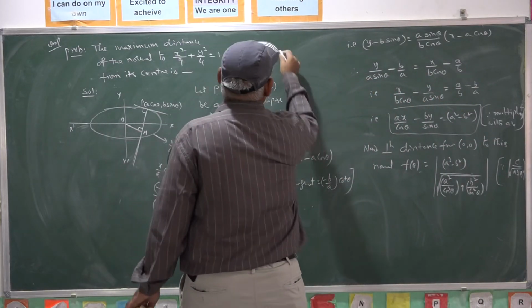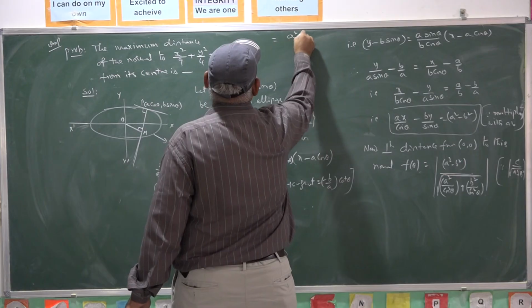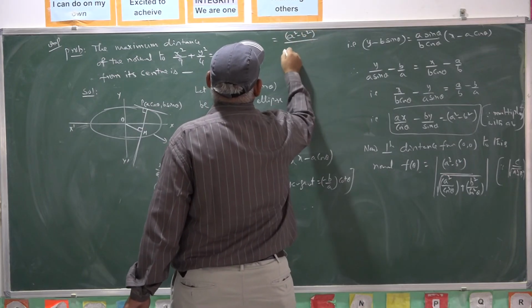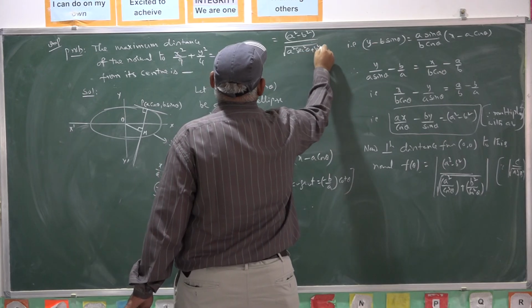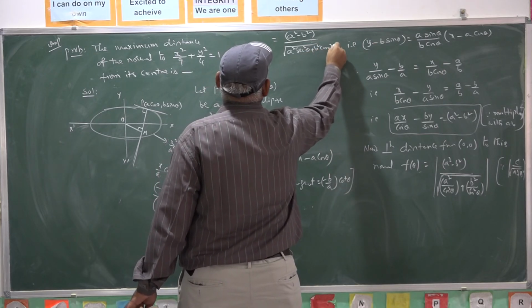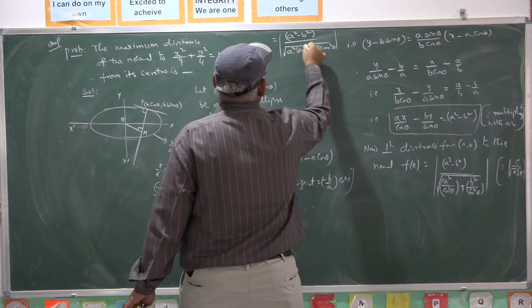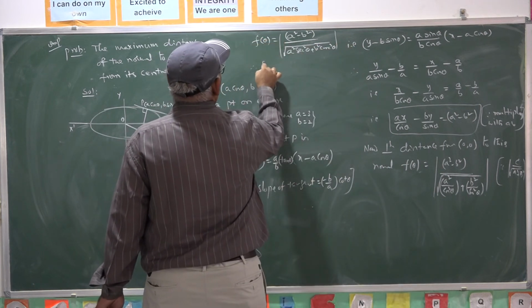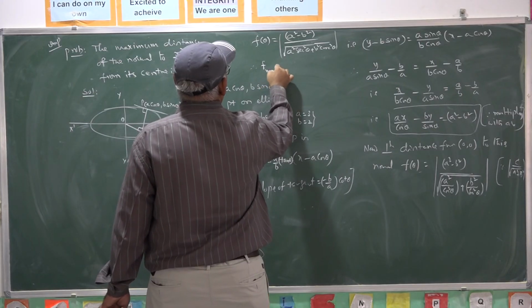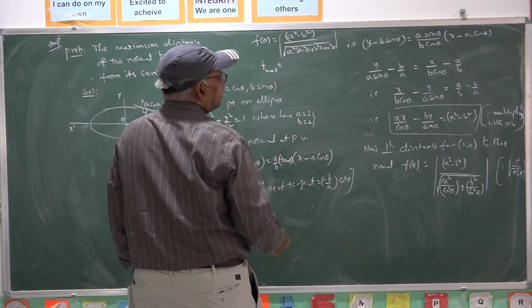Now that is equal to a square minus b square by square root of a square secant square theta plus b square cosec square theta. This is f of theta. So f is maximum whenever the denominator is minimum.